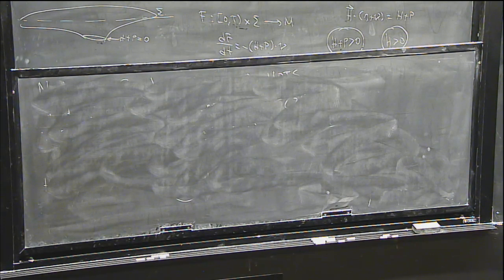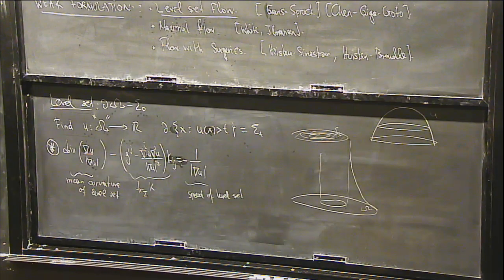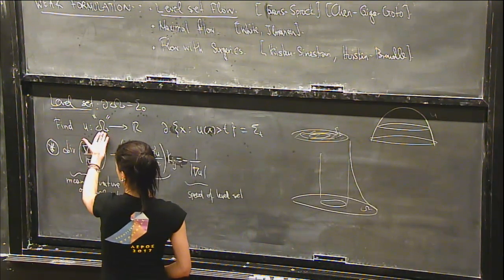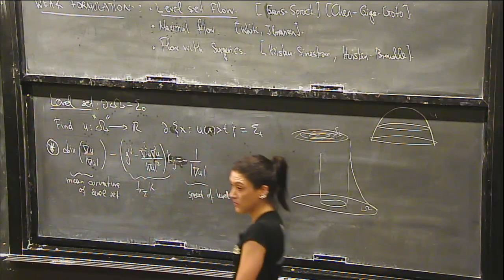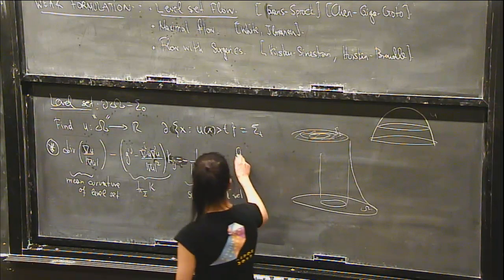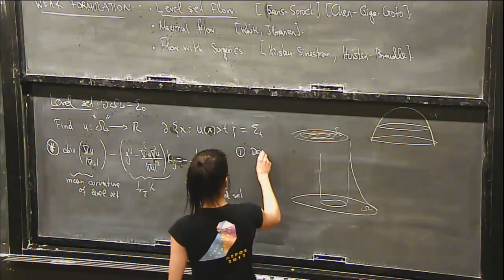Okay, maybe I'll write them as, okay, this should be the connection on M. Right, so u here will be a function from a subset of M to R. Okay, so the problem one, as I said, is that we have this degeneracy.